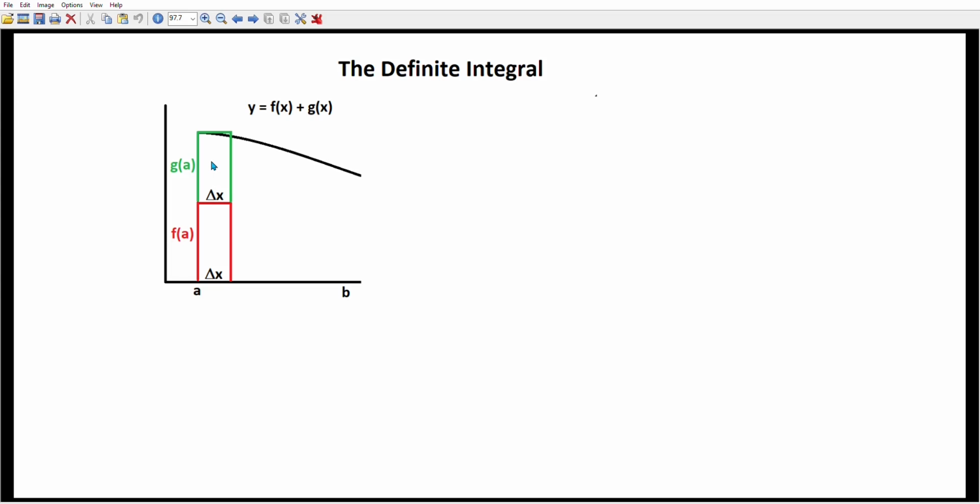We get a green rectangle, which is exactly the rectangle we would get if we were doing a definite integral for g of x. And you add those two areas, and you're getting this one, which means that when we integrate f of x plus g of x between a and b, it's the same as integrating f of x between a and b plus integrating g of x between a and b. And that's another property of the definite integral.